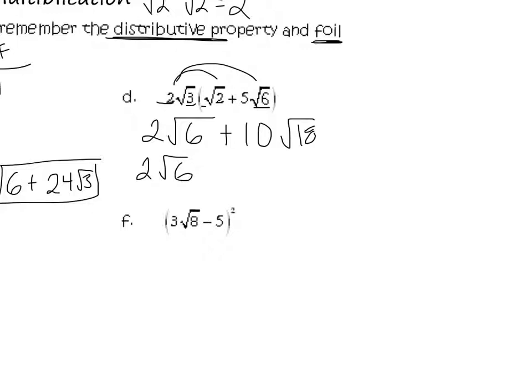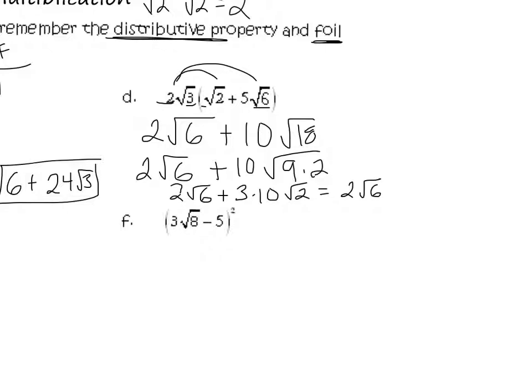It's not divisible by any perfect square. And 10 square roots of 18 can, though. 9 times 2 will give you that 18. Okay, so we've got 2 square roots of 6 plus 3 times 10, which is 30 square roots of 2. There's your final answer.